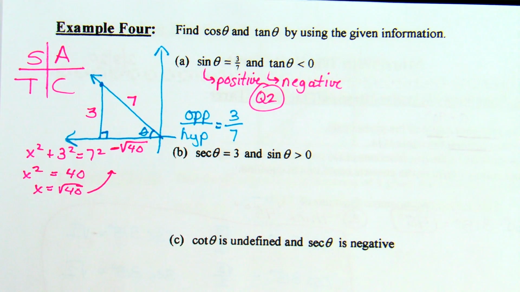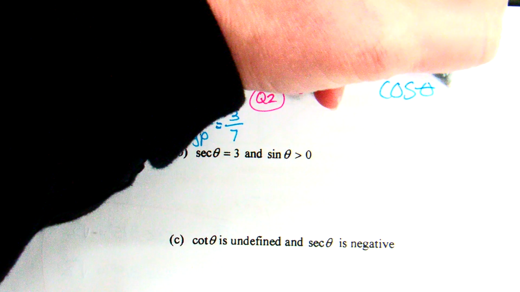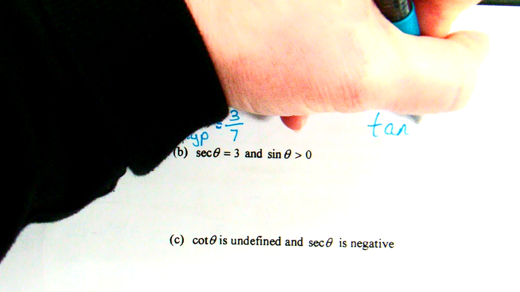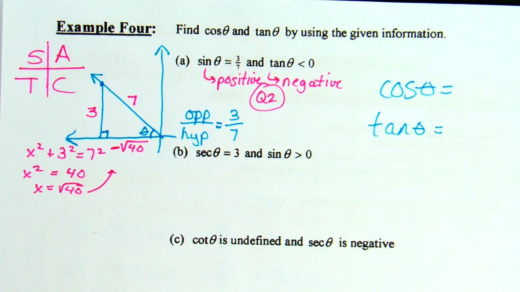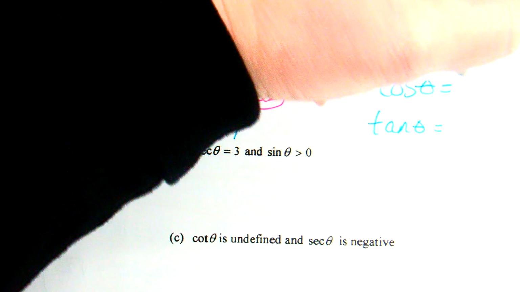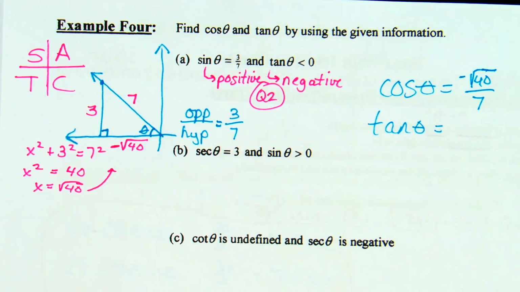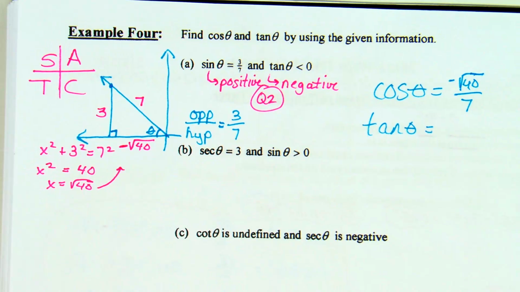We are asked to find what? Cosine, tangent? Cosine would be negative square root of 40 over 7. You guys like his answer? Adjacent over hypotenuse. So negative square root of 40 over 7. Time out, hold on. My answer key is probably going to simplify that radical.